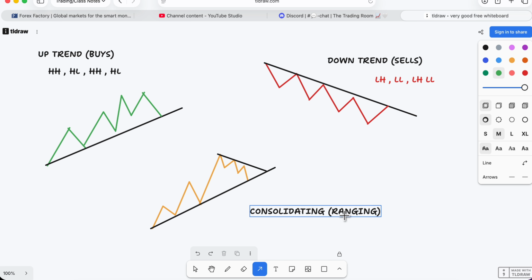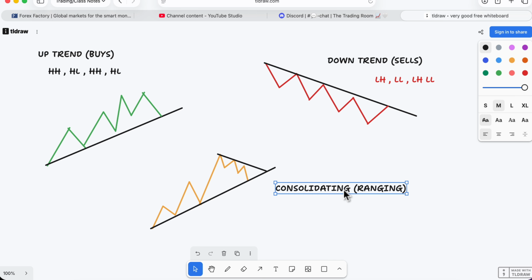And then the last example is a consolidating or a ranging market. So in this market, price is going up, right? Then when we look at this, we now see currently price is going down. So that's why I have two trend lines, because in one area price is going up, but in another area price is going down.